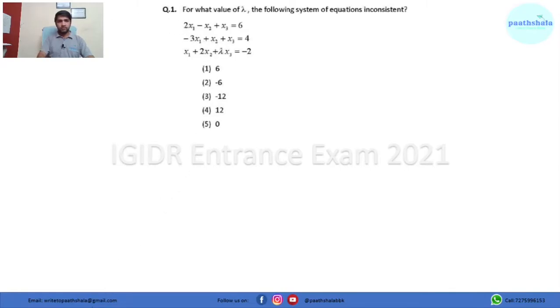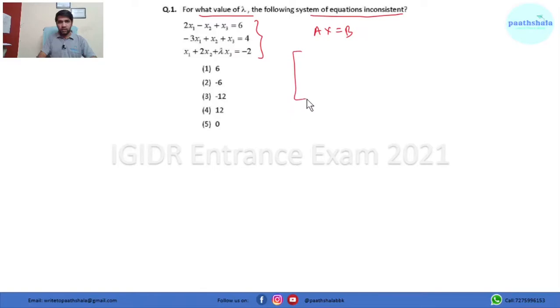In this question, it is asking for what value of lambda the following system of equations is inconsistent. This is the set of simultaneous equations. Let's write the given equations in the form of Ax = b.